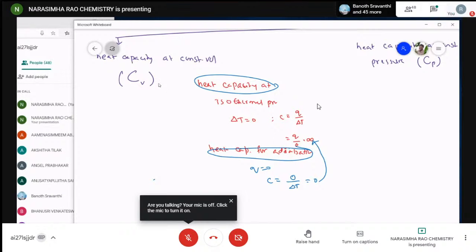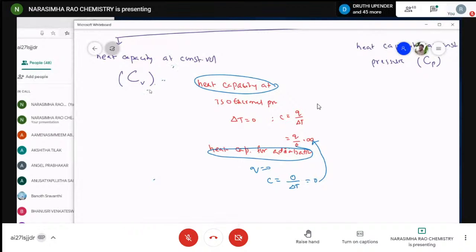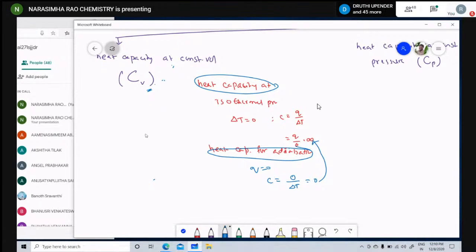Now, heat capacity at an isochoric process, where volume is constant, and heat capacity at an isobaric process, where pressure is constant.